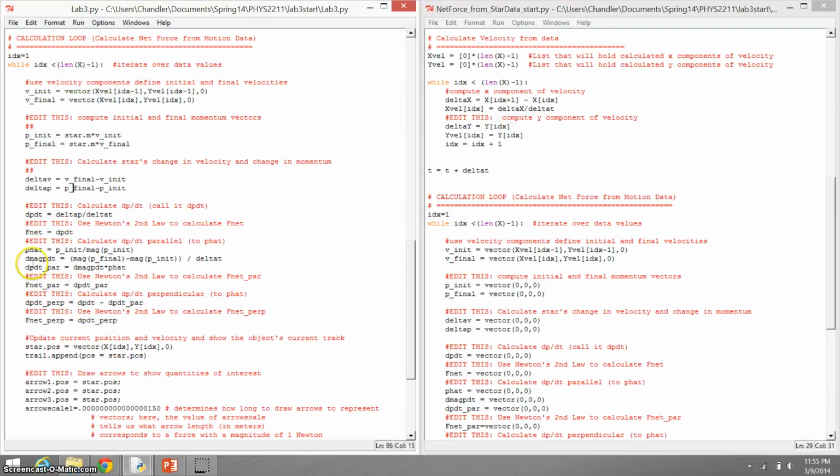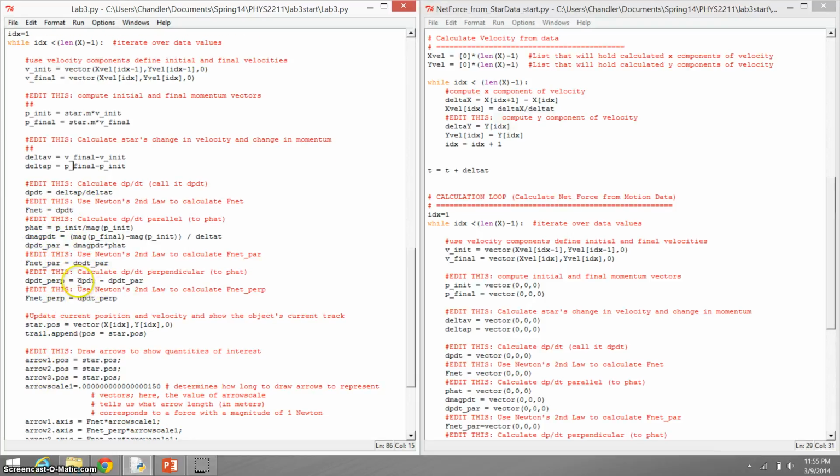We're not given what p hat really equals, so we need to determine that through some prior knowledge that we have. And then there's some other values here, but I'm not going to go into explaining all of these, but we know that dp dt equals dp dt of the parallel plus the perpendicular, so we can move the perpendicular to one side and then the dp dt to the other side and do some subtraction so we can get the one we want here. So in this case dp dt perpendicular, and then fnet perpendicular is just equivalent to dp dt perpendicular using this idea here.